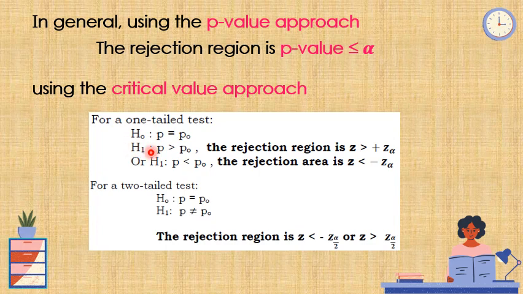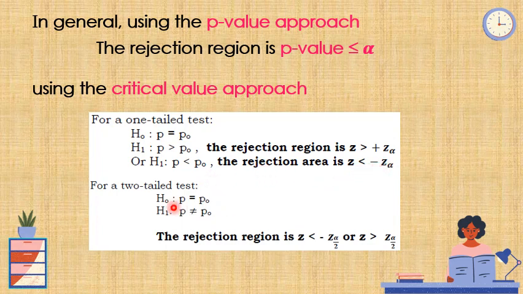Ang ating alternative hypothesis H1 or HA, P is, dalawa po ito, isang greater than at isang less than. So, kapag siya ay greater than, the rejection region is Z is greater than plus Z sub alpha. Kapag siya naman ay less than, the rejection area is Z is less than negative Z sub alpha.